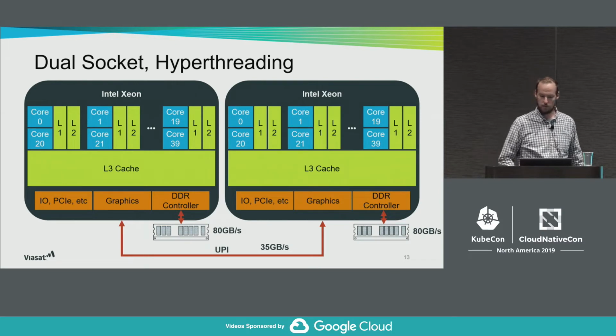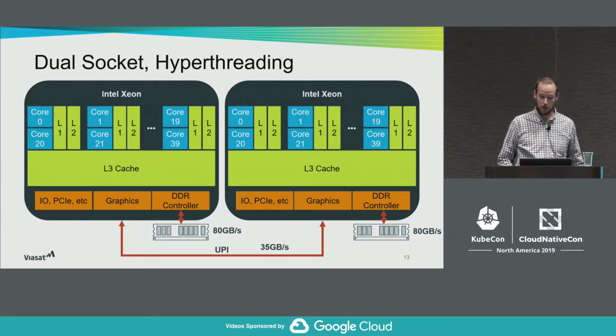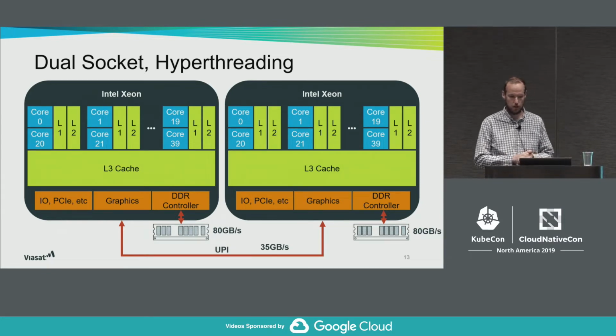But when you look at the much more common server, which is a dual Xeon server with hyperthreading enabled, now not only do you have two sockets, but you have hyperthreading on both of them, and the number of logical cores goes up to 40 in each processor.